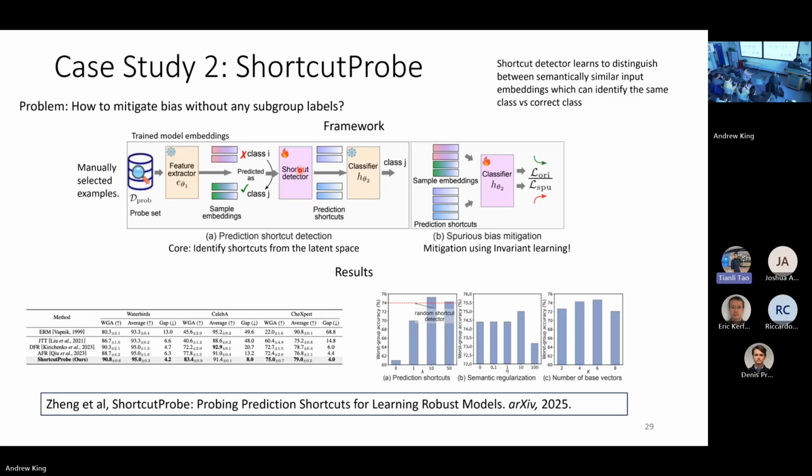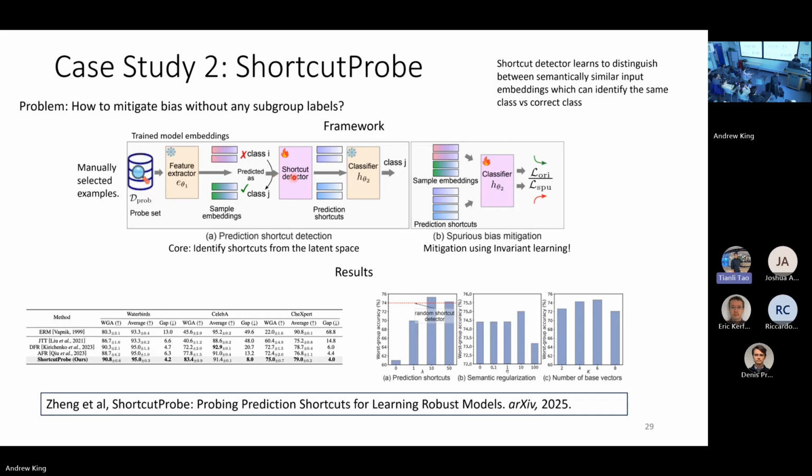The shortcut detector projects the embedding from the encoder of an already trained model to a low rank subspace. The idea is that after the shortcut detector outputs a representation, the classifier should still predict the same incorrect class. So let's say the input was a land bird on water. The initial prediction was waterbird.